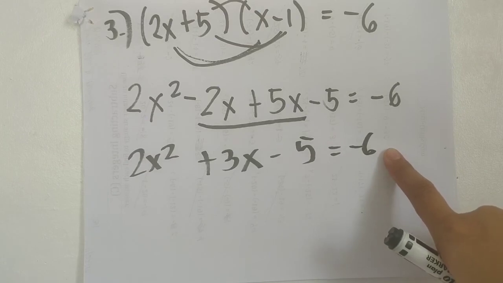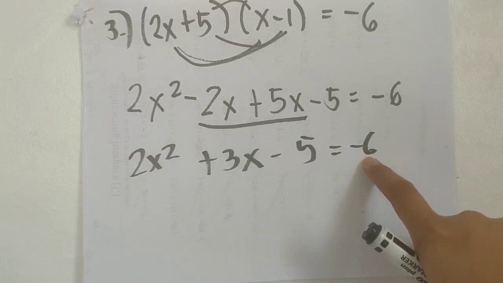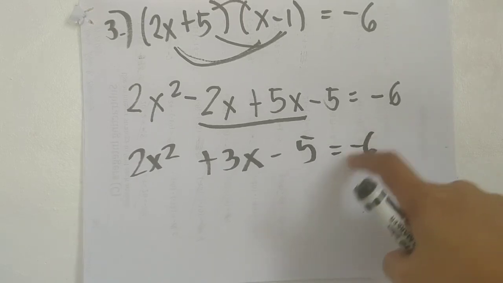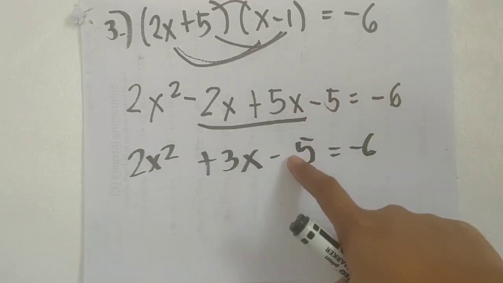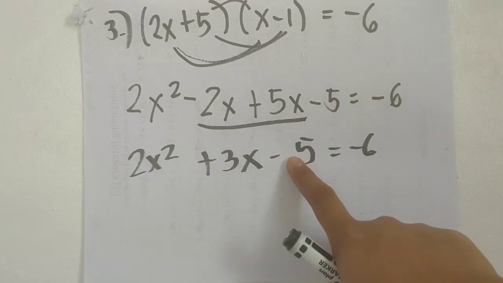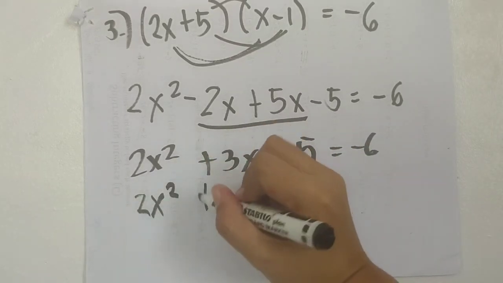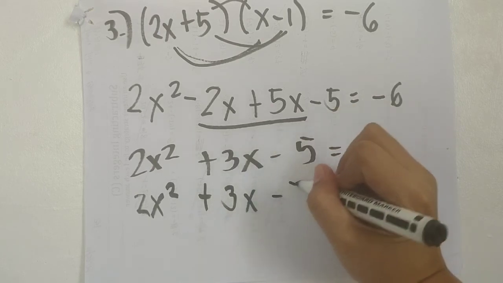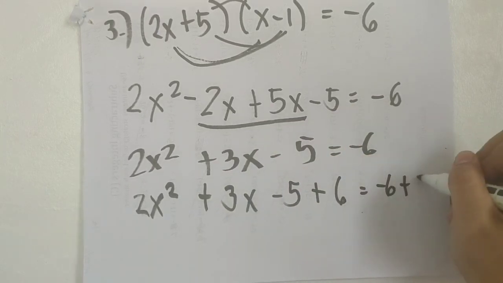Ang goal natin is maging 0 yun nandito. So, ano ba yung i-add natin sa negative 6 para maging 0? So, we need to add positive 6 para makancel to. So, kung ano ulit yung in-add natin sa right side, yun ulit yung i-add natin sa left side using APE. So, 2x squared plus 3x minus 5 plus 6 is equal to negative 6 plus 6.